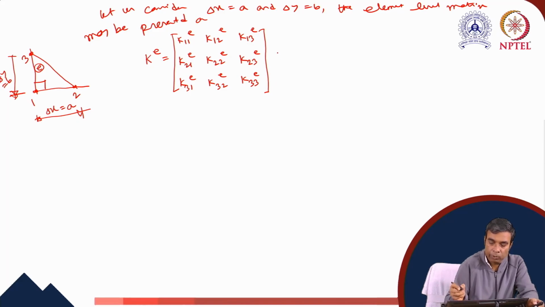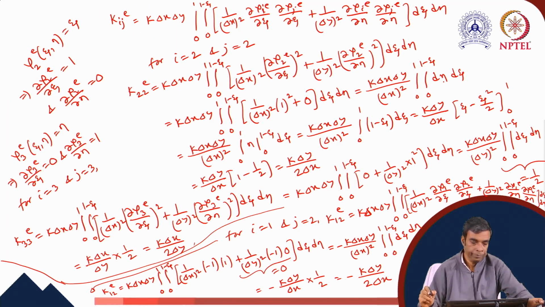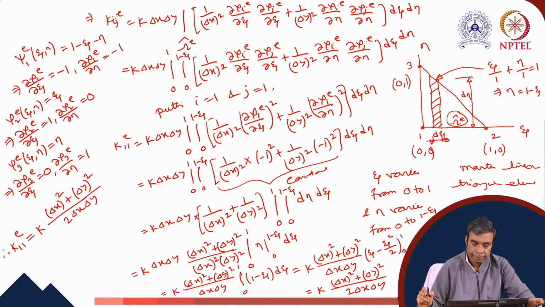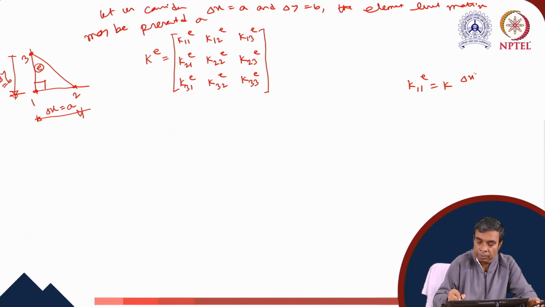So we have calculated k11e equals to, it was k into delta x whole square plus delta y whole square by 2 delta x delta y, equals k into a square plus b square by 2ab.